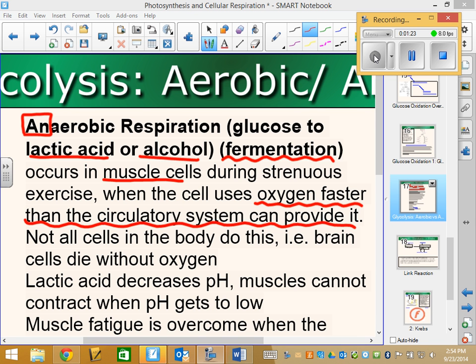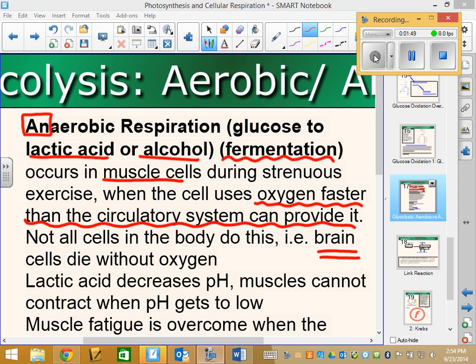And not all cells can do this. So I wanted to mention quite specifically that a cell in your brain doesn't do this process. It is unable to perform anaerobic respiration. And so some cells in your body don't just hurt without oxygen, they die without it.